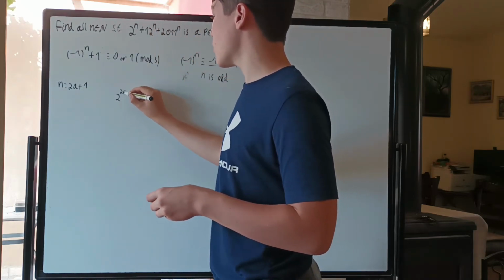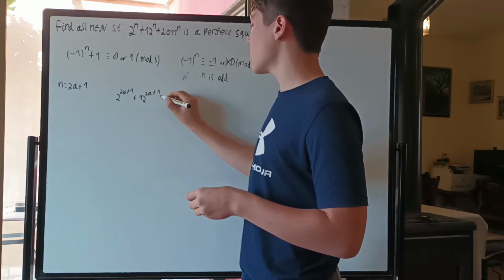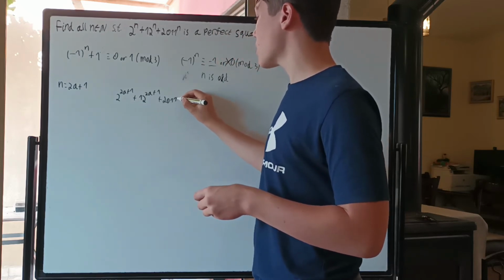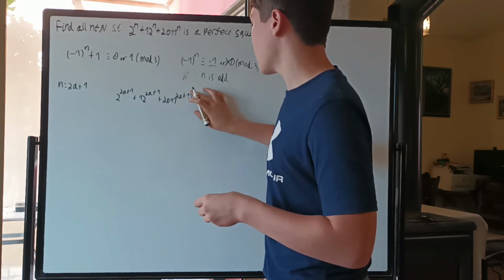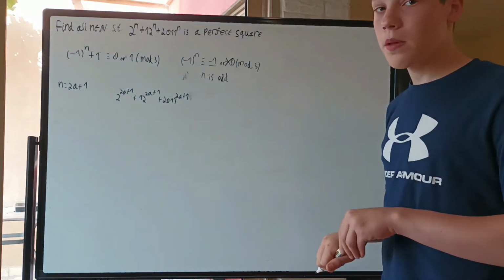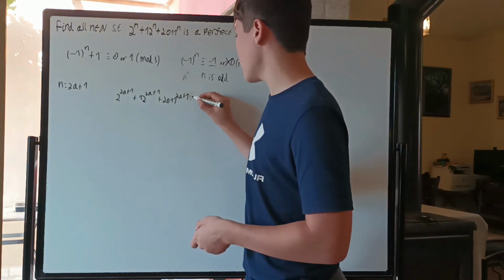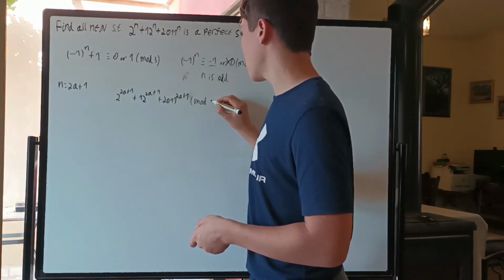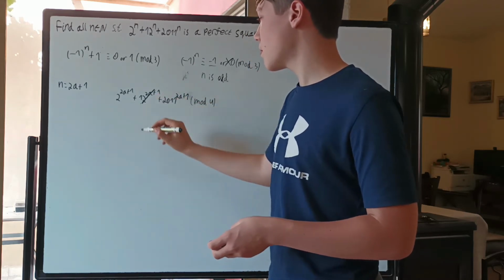So we get 2 to the 2a plus 1 plus 12 to the 2a plus 1 plus 2011 to the 2a plus 1. Now I'm going to look at this mod 4. The middle term will be 0.